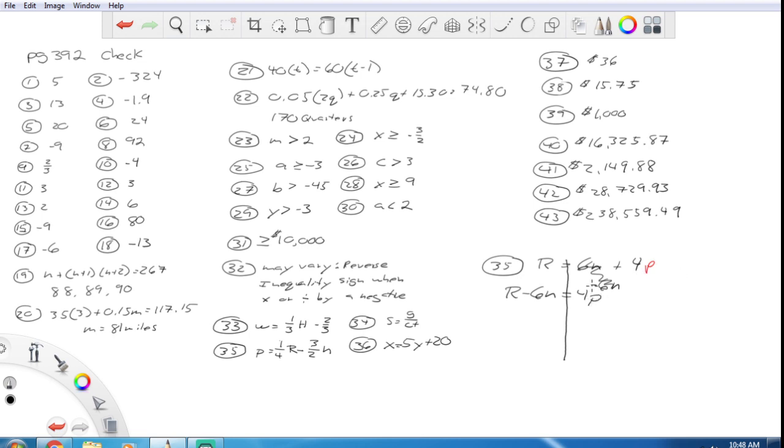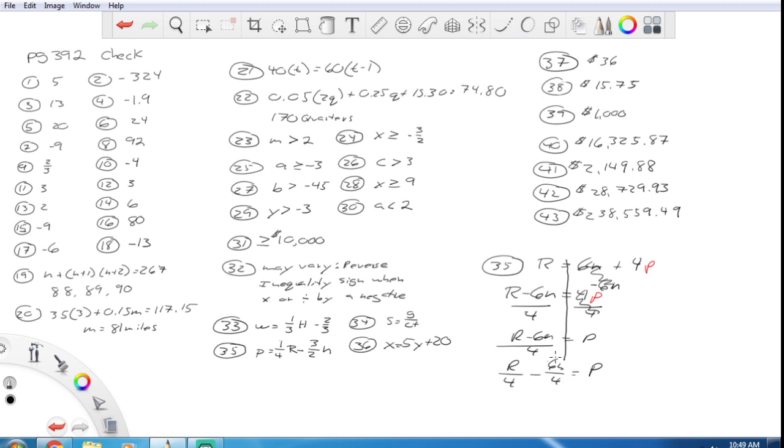And again, I want to get p by itself. I guess I should put that in red. I want to get p by itself. So then I'm going to divide by 4 and divide by 4. And again, this here is an acceptable answer if you want to leave it as r minus 6n over 4 equals p. Or again, you're dividing each term by 4, so you could break up your denominator and do r divided by 4 minus 6n divided by 4 equals p.